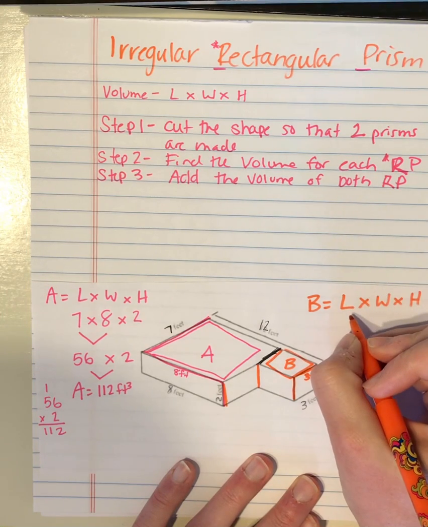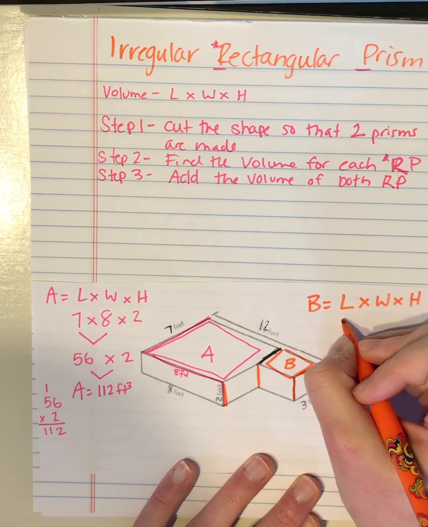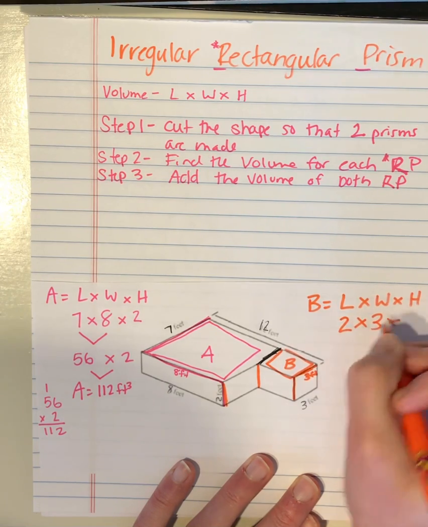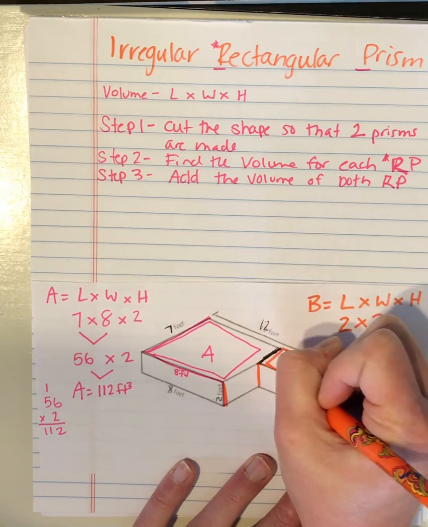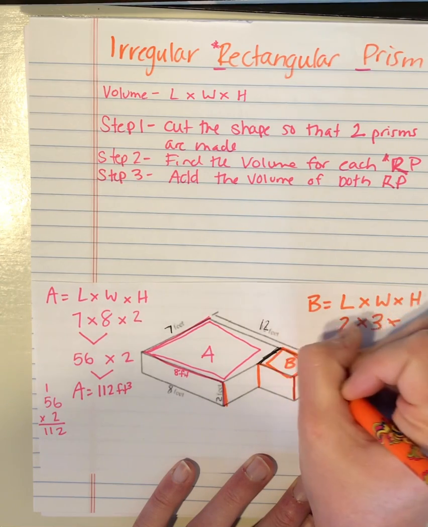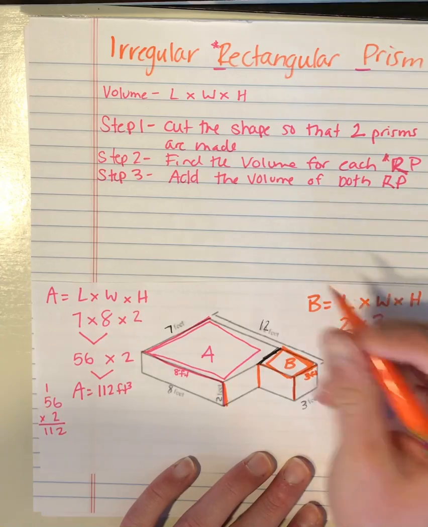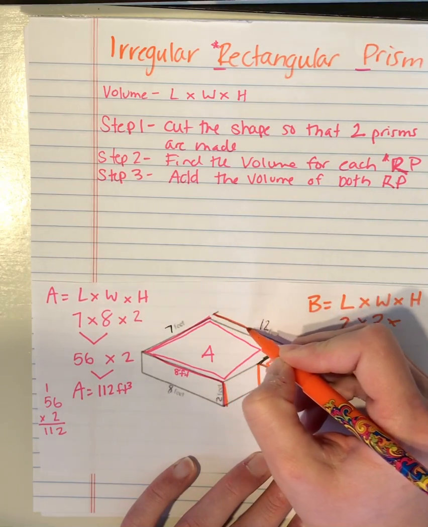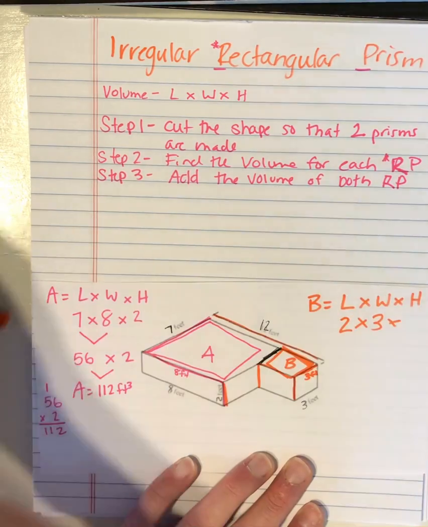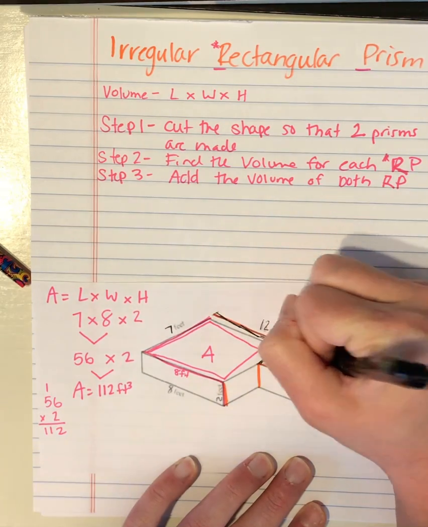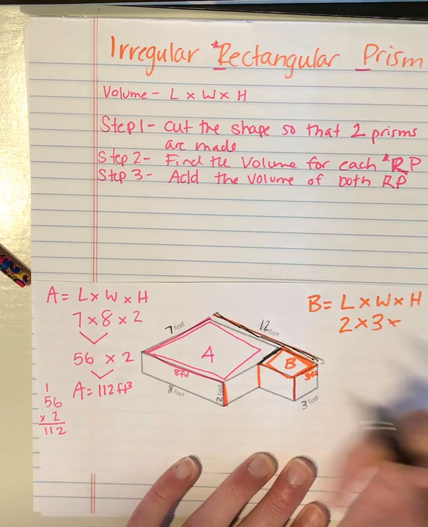So I have 2 times 3 times my missing length. I need to find this right here. I'm not quite sure what it is. But again, I know my total. Okay? The total for both pink and orange is 12 feet.